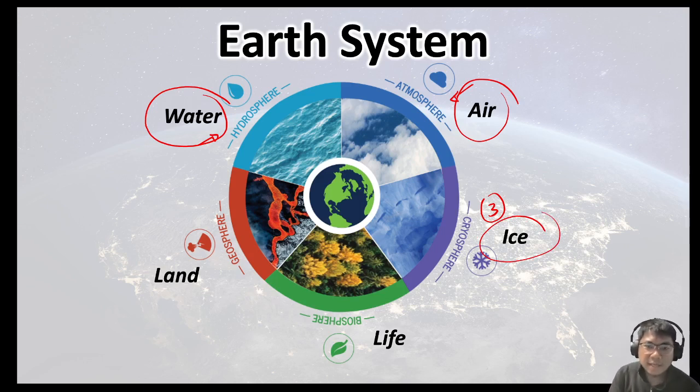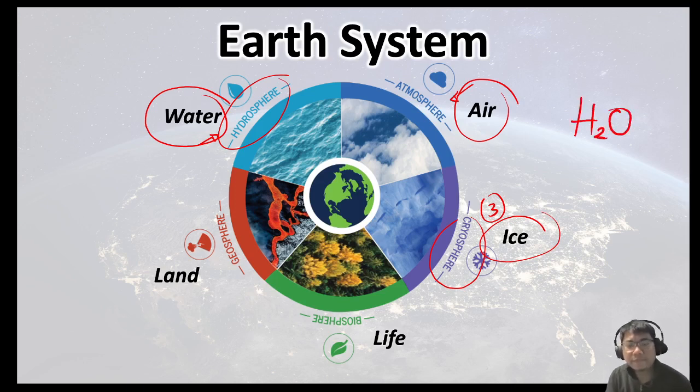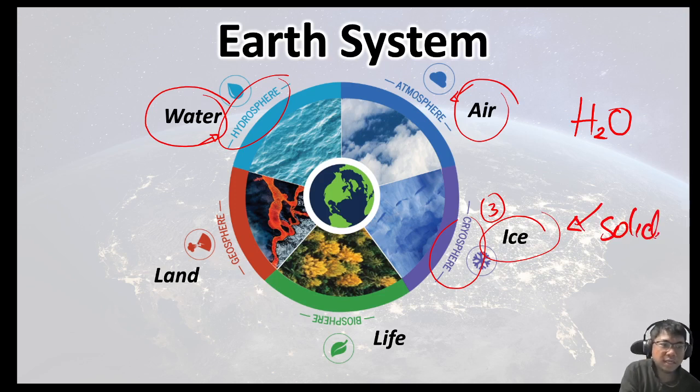And I have to say that some people like to include the cryosphere with the hydrosphere, and the reason for that is because both of them are made of the same thing, right? H2O, or the water molecule. The difference is simply that ice is the solid phase of H2O, and water is the liquid phase of H2O.